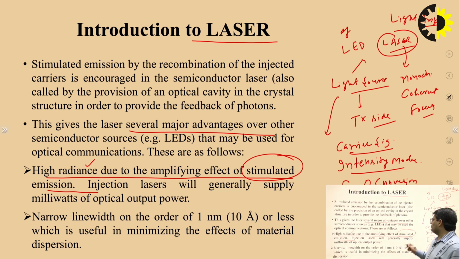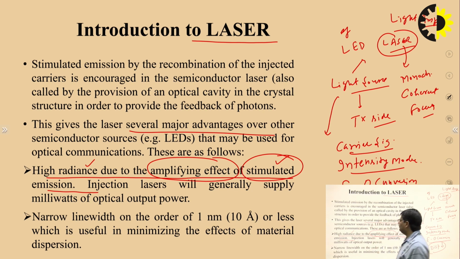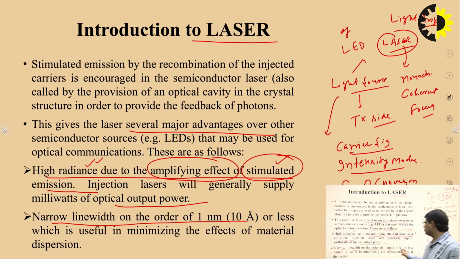So with the help of this stimulated emission as well as this amplifying effect in the laser, we get high radiance, and the optical power generated by the laser is comparatively higher as compared to the LED.